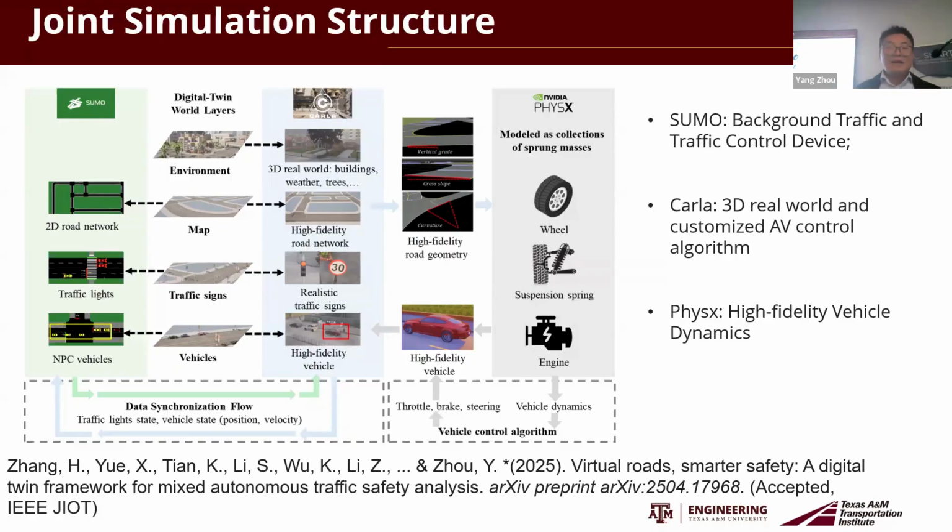But the gist here is to use PhysX, provided by NVIDIA, to capture vehicle skidding, rollover, and going off the road, more complex scenarios that fail to be generated by existing traffic simulation tools. And for sure, there should be some synchronization among those three tools, then we can fulfill the joint simulation in real time.